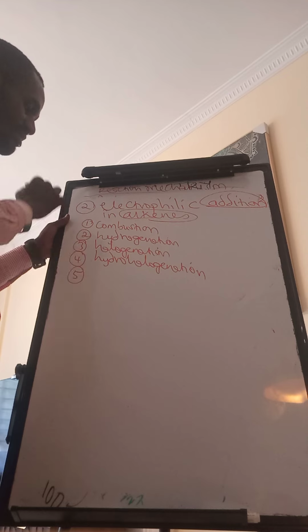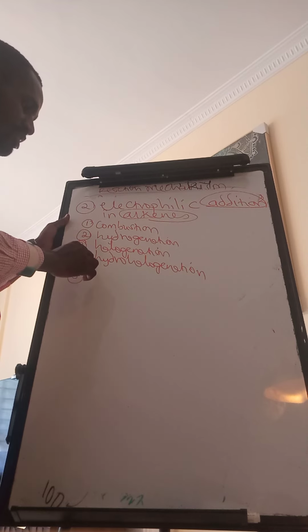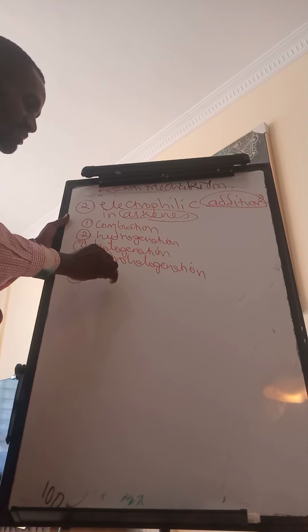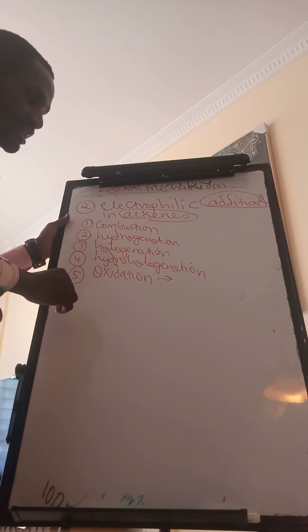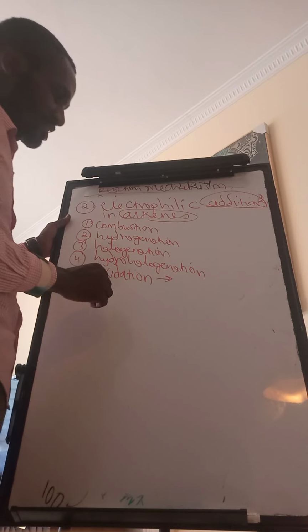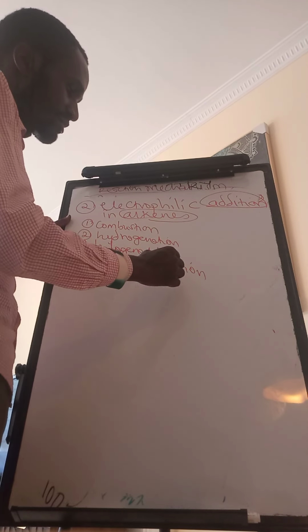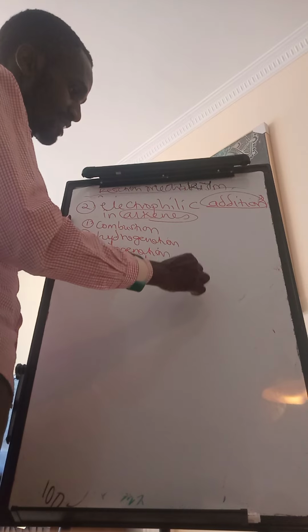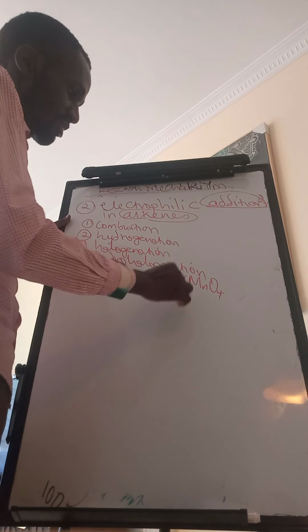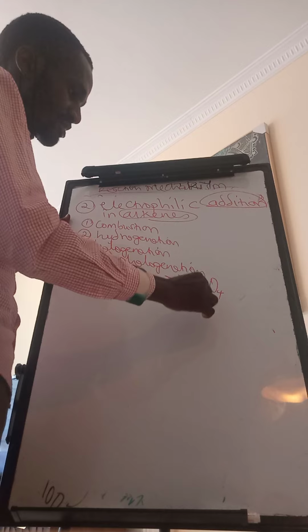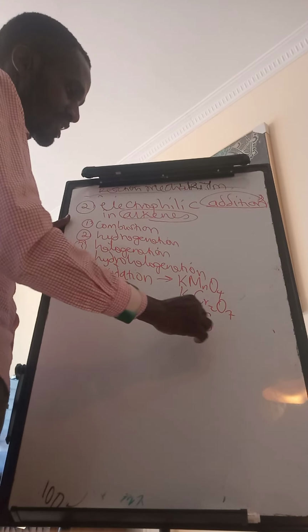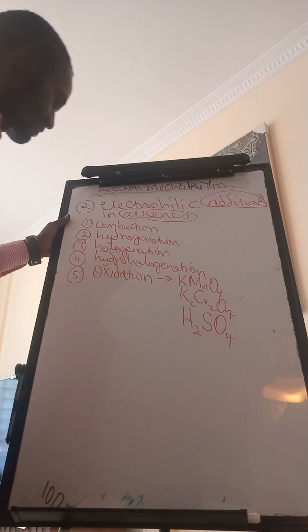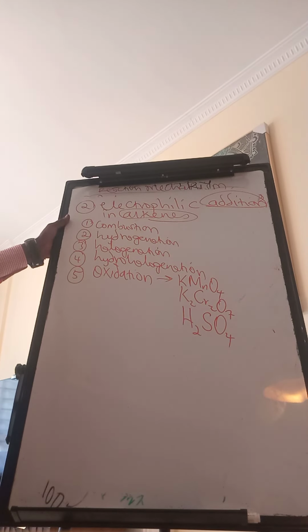You can mention something else like oxidation. And I told you that oxidation involves using potassium manganate(VII) or potassium dichromate(VI). You can as well use concentrated sulfuric acid as an oxidizing agent. So these are just examples you can do.